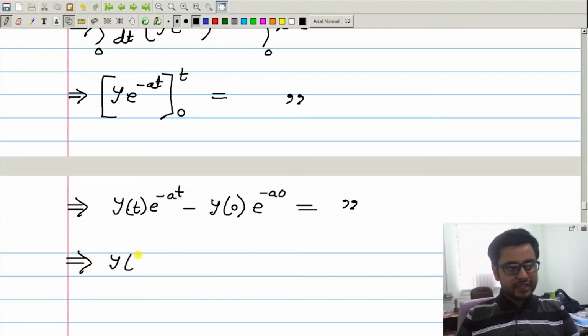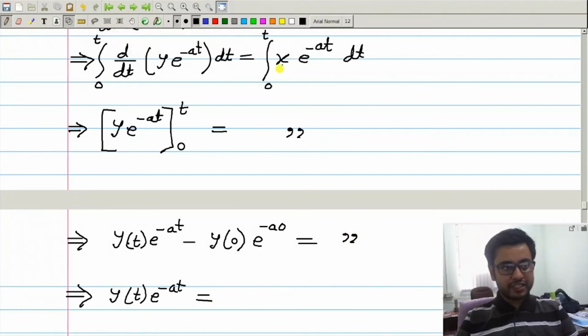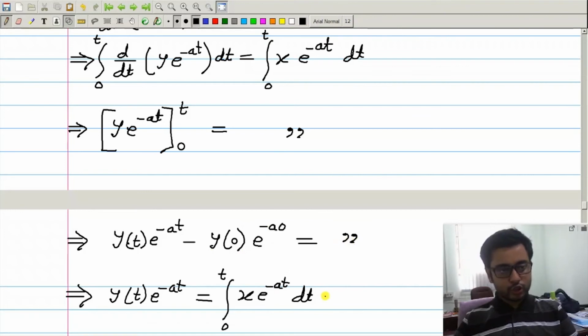From this we can get y(t) e to the power minus at is equal to this right side term, and bringing this term to the right, we shall have y0 e to the power 0, which is 1.